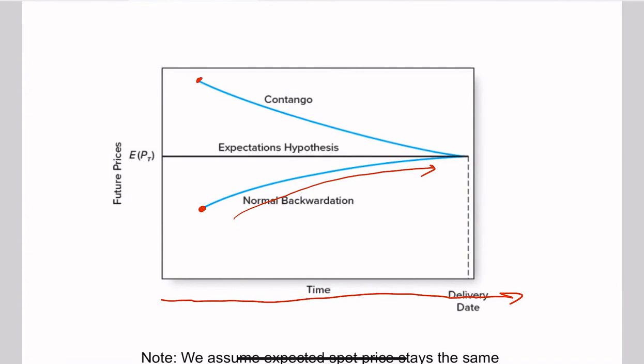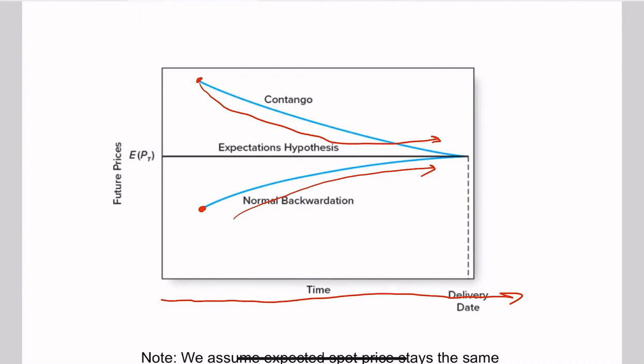And then, as this futures approaches closer to the delivery date, its price will be lower, right? So basically, this means that if there is normal backwardation, then futures which are further away from maturity will have a lower price, right? Of course, this also means that if there is normal backwardation, then futures which are closer to their delivery date will have a higher price, right?